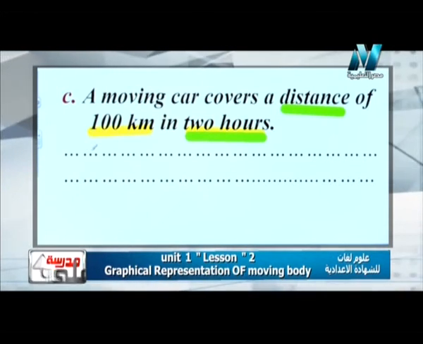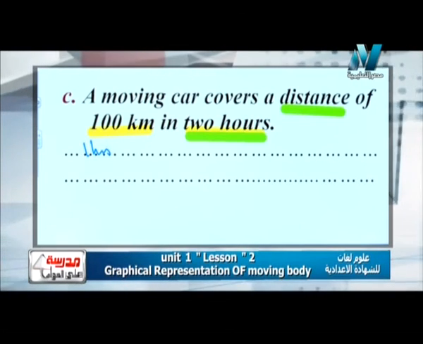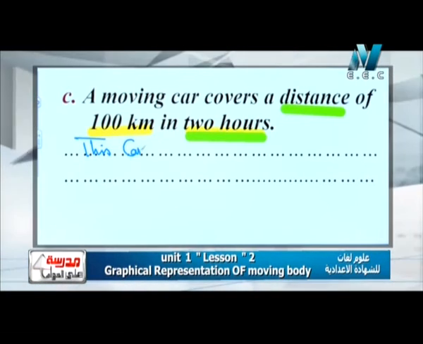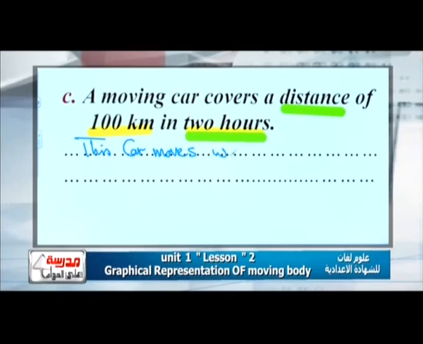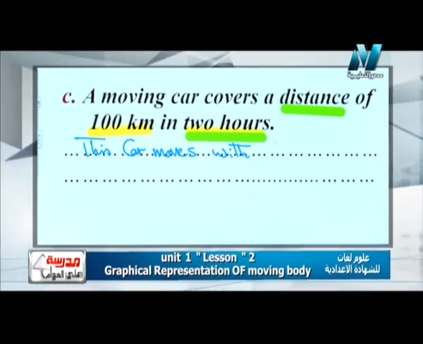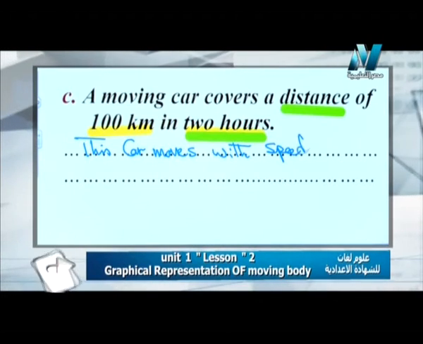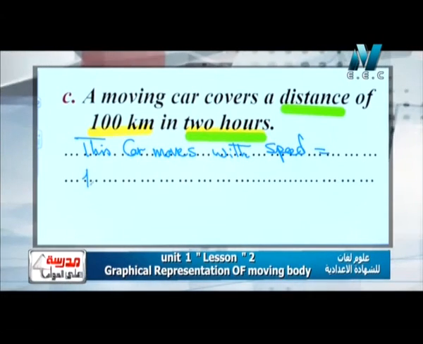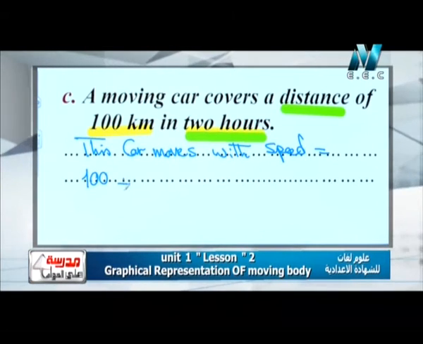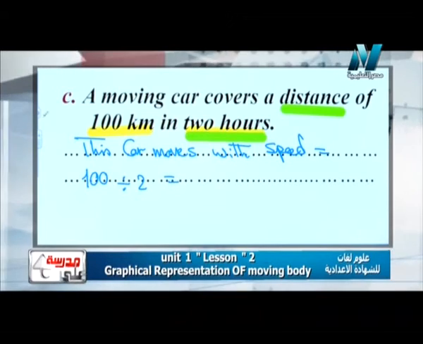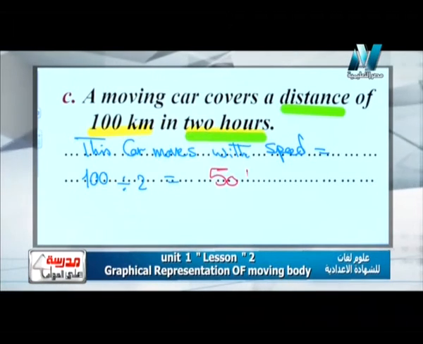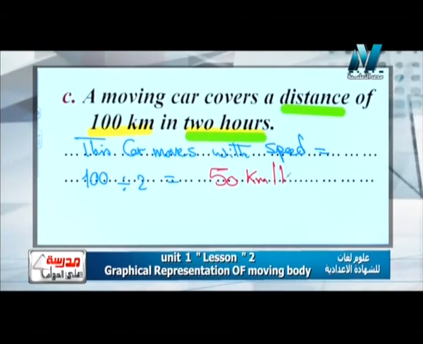So this car moves with speed equal 100 divided by 2 equal how many? Equal 50 kilometers per hour.